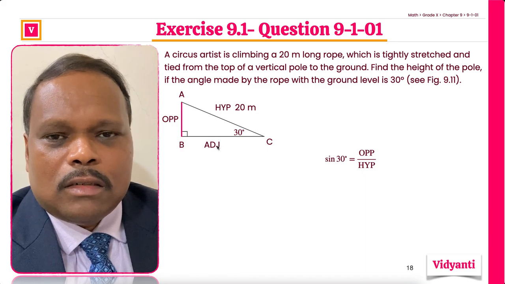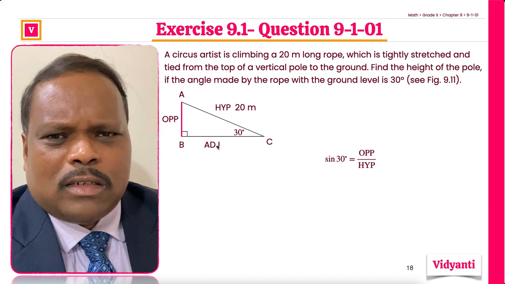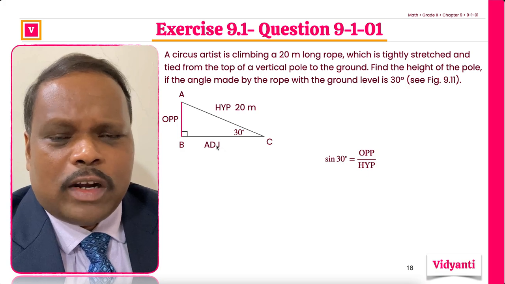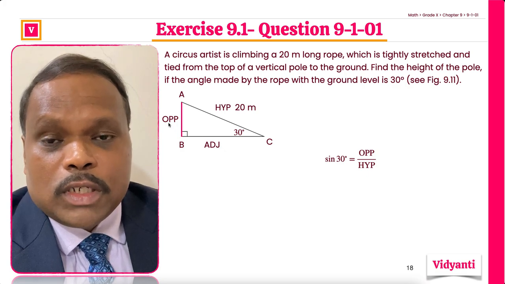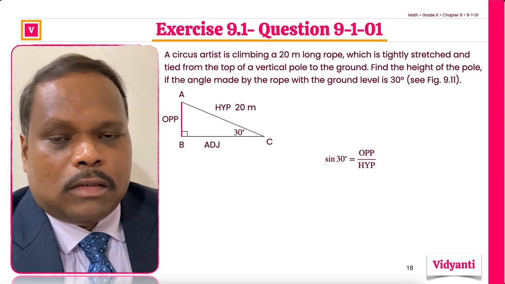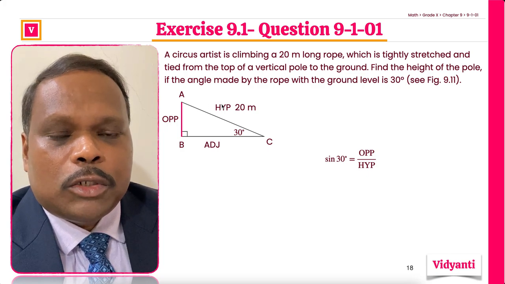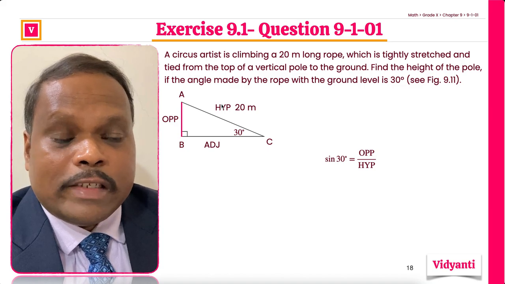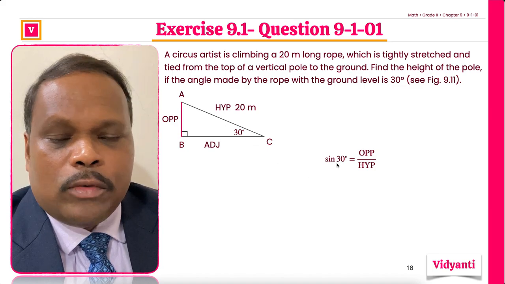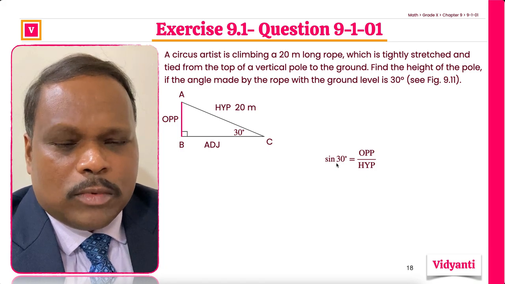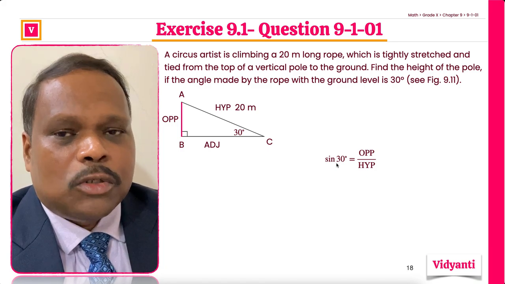What about the adjacent? We don't care, it's not asked, so just forget about it. So this question is about the connection between opposite and hypotenuse. Which trigonometric ratio connects opposite with hypotenuse? That would be sine, which is the reason I have used sine. This is one of the rare situations where the sine ratio is used.